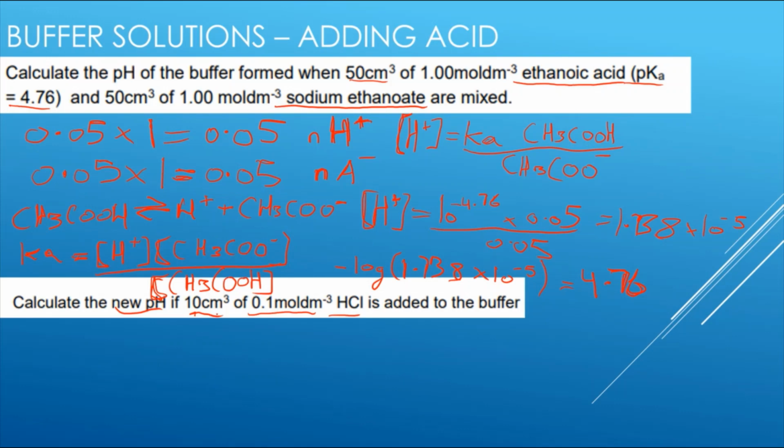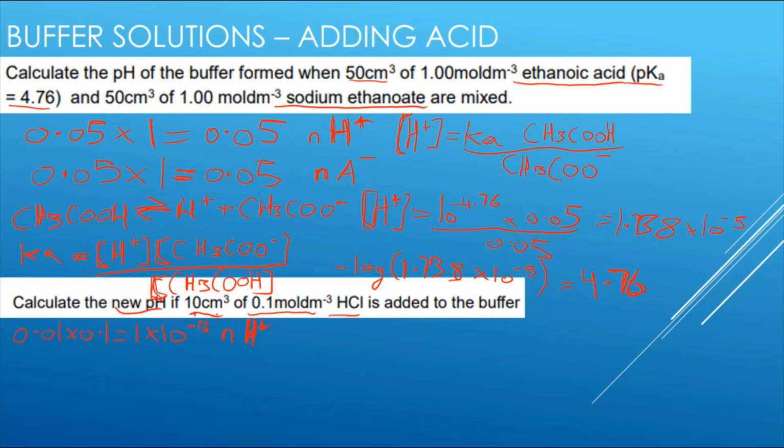For these types of questions, first we find the moles of the acid or the alkali that's been added. In this case, it would be 0.01 decimeters cubed times 0.1, which would just be 1 times 10 to the power of minus 3. So this is the moles of HCl and also the moles of H+, because it's a monoprotic acid.